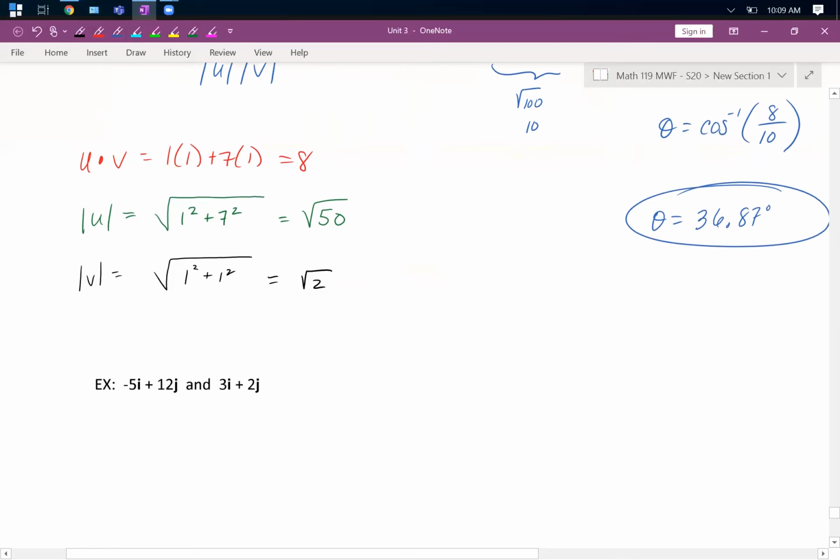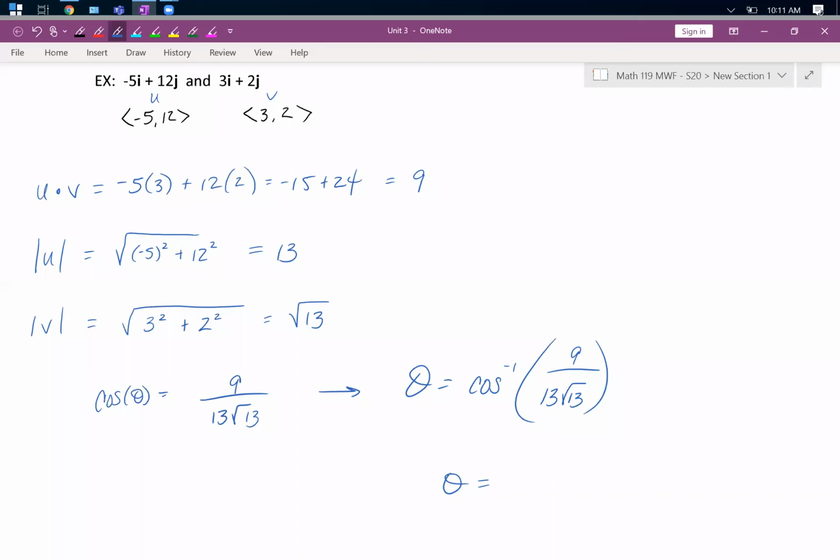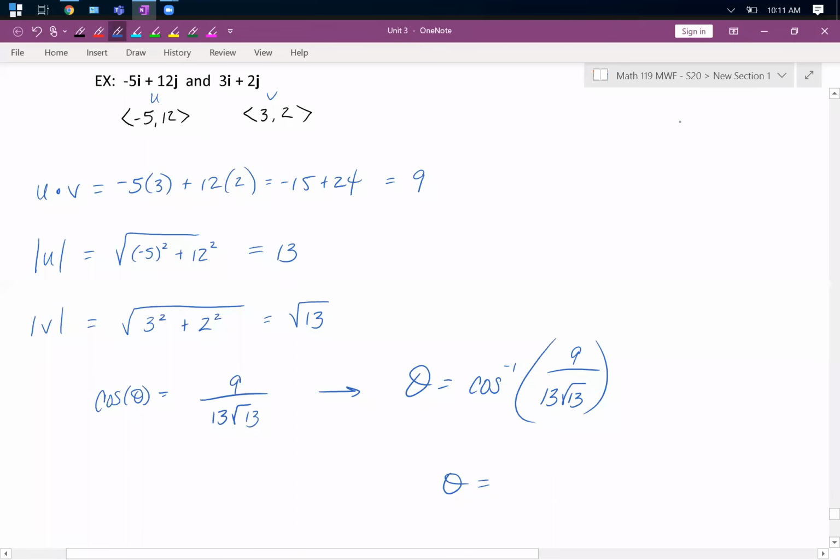All right, why don't you guys try the next one? So I got 9 for my dot product, 13 for the magnitude of u, and square root of 13 for the magnitude of v. We'll plug it into our formula.